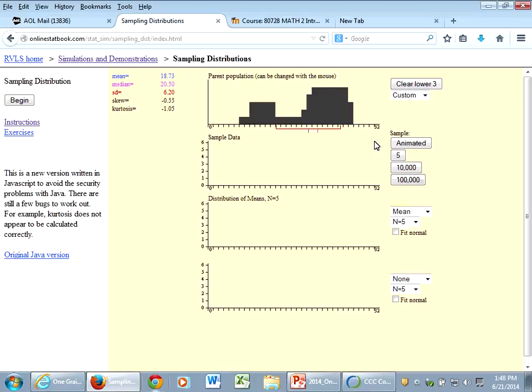So let's start with animation with 5. You take 5 data points from the parent population, and it drops a point and also marks the mean. The more samples you take, you start seeing what's happening with the means.